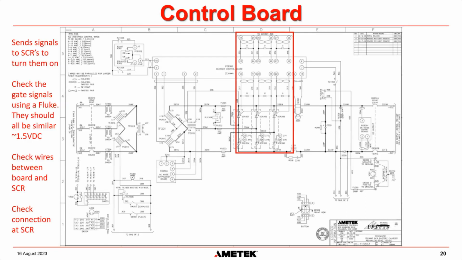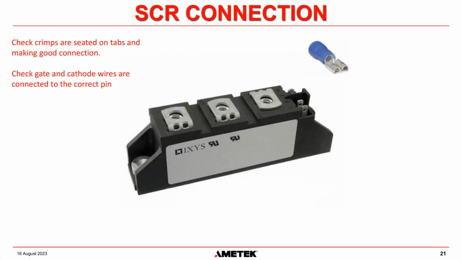Okay, and I think on this next one, you can see this is an SCR itself, and you can see on the right-hand side that we have 2 terminals, the gate cathode terminal, and we use push-on connectors similar to this to connect there.